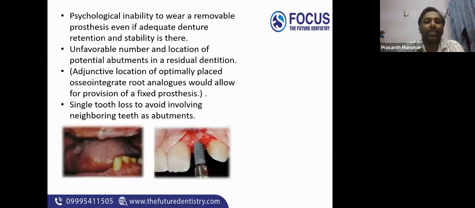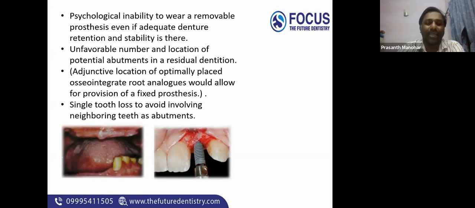Patients who psychologically cannot wear a removable prosthesis. And when you go for an FPD, or fixed partial denture, and you have an unfavorable location or number of abutment teeth, then we'll have to go for an implant supported prosthesis.